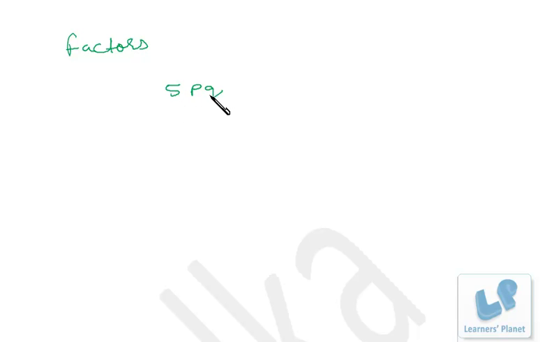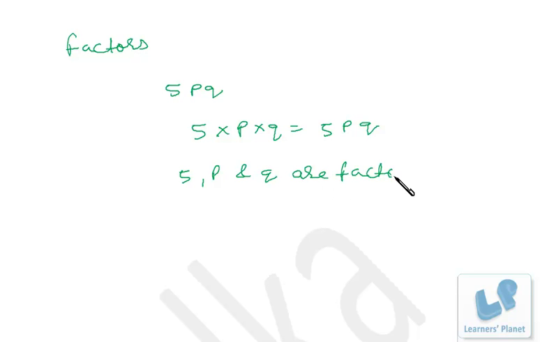This expression is the multiplication or the product of 5 and p and q. 5 into p into q is 5pq. That means 5, p and q are factors of this given expression.